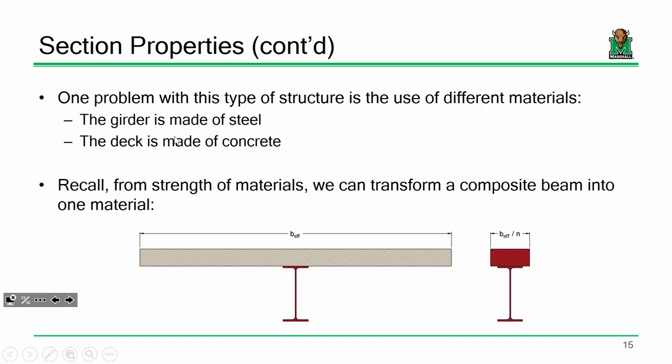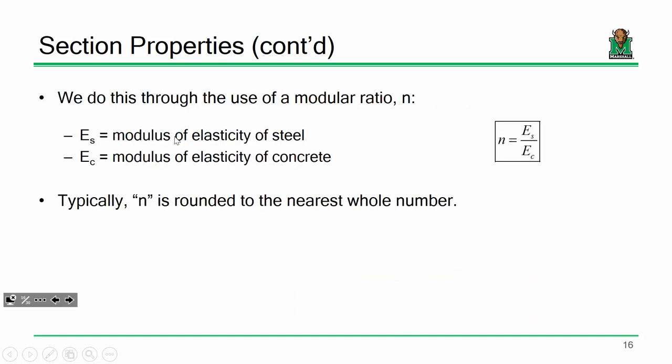So what ends up happening is if you've got this effective flange width, because steel is so much stronger than concrete, this concrete is then represented by this smaller lump of steel. We transform it by dividing by n. n is the modular ratio. I'm sure you all have seen stuff like this before in concrete design, am I right?